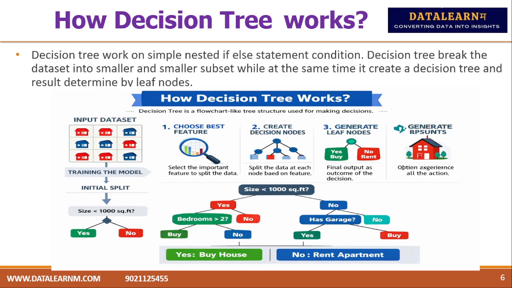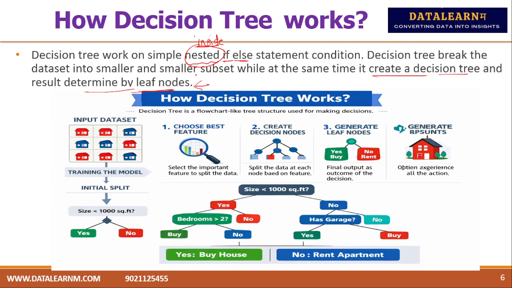We'll take some data and try to understand it with the help of an example. So a decision tree works on simple nested if statements. Nested if else means something inside something, right? What is the meaning of nested? Inside something. So a decision tree breaks the data set into smaller and smaller subsets, while at the same time it creates a decision tree, and the result is determined by the leaf node.